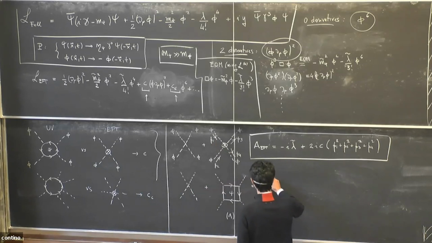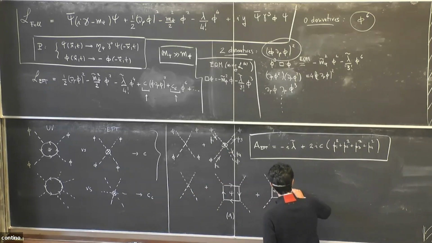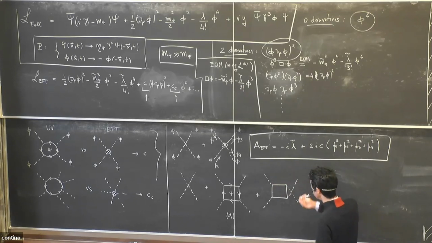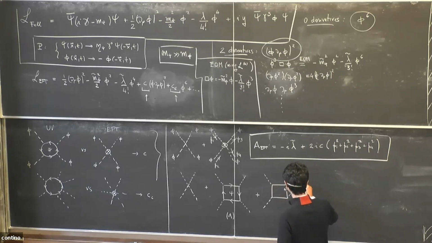Then there is another possible Wick contraction where P1 and P2 are the same, but P3 and P4 are exchanged. So this is a cross diagram where T and U are exchanged, with the same routing of internal momenta.